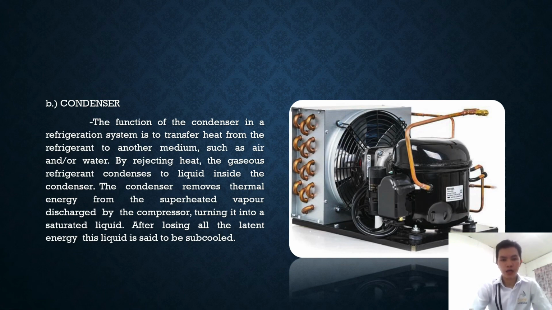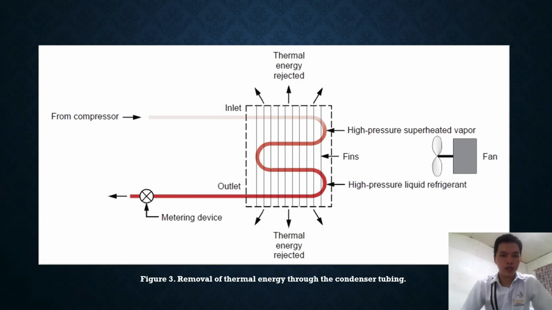To further understand the function of the condenser, let us see this figure. The high pressure superheated vapor from the compressor enters the condenser through the inlet. Since the condenser is very cold, thermal energy is rejected, which then condenses the superheated vapor.